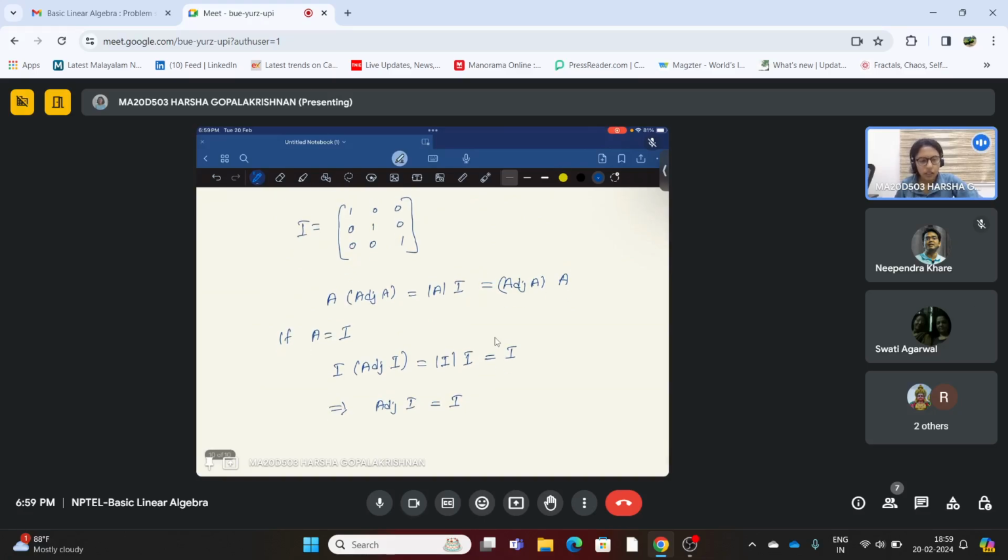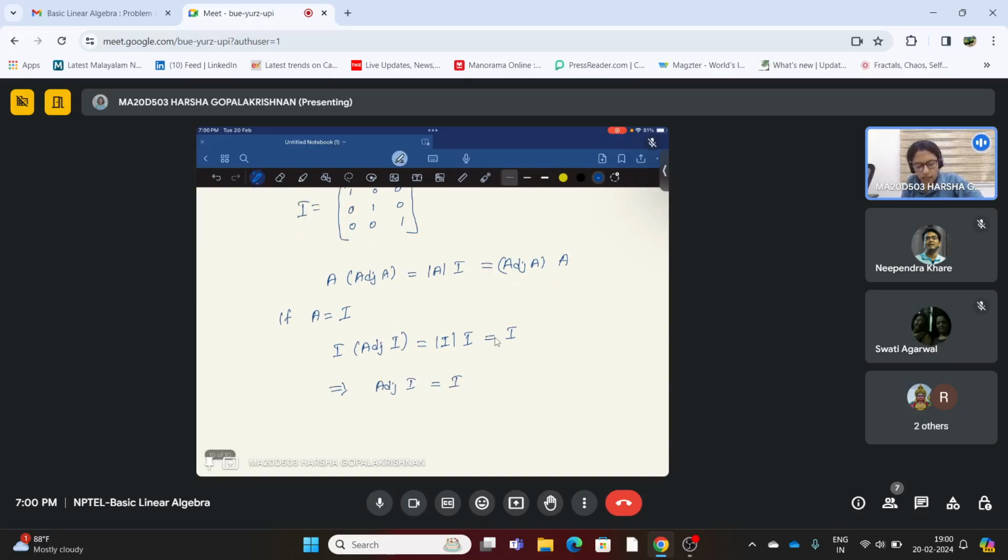Or, as we already know how to find the cofactor matrix, in the case of identity it is very easy to find the minors, cofactors, and then the adjoint. You can just verify it and check whether it is identity or not. Definitely, it will come out identity.